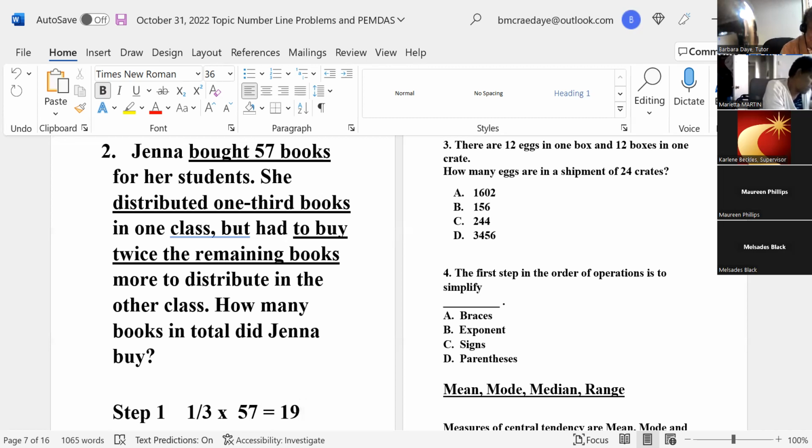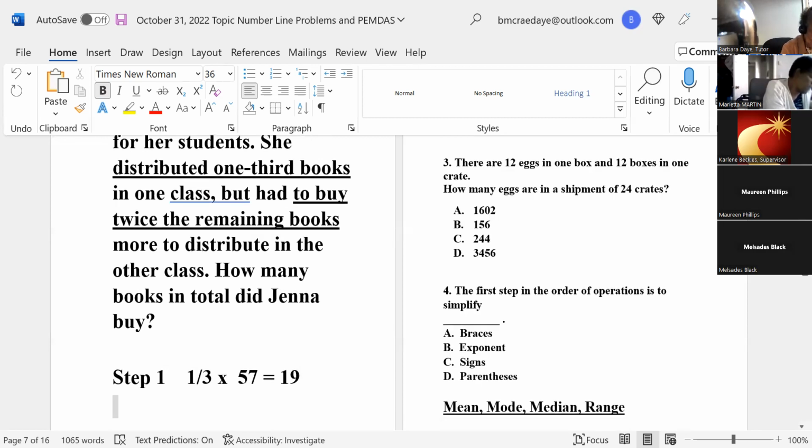Okay. What's step 2? She had to buy twice the remaining books. What's the remaining books? Remaining books is 19. No, 19 is how many she distributed.